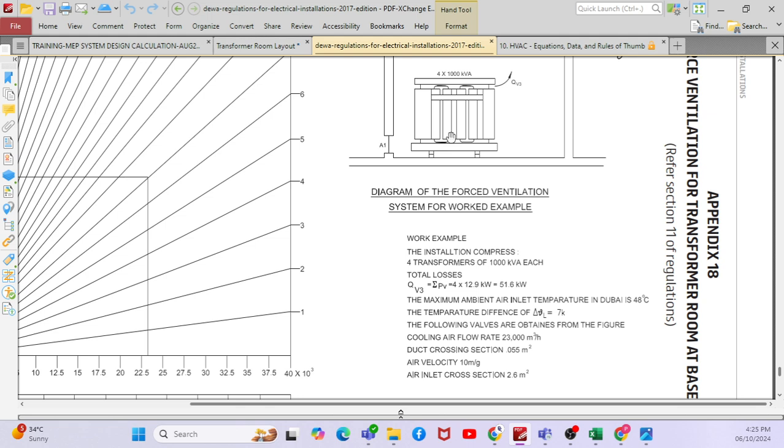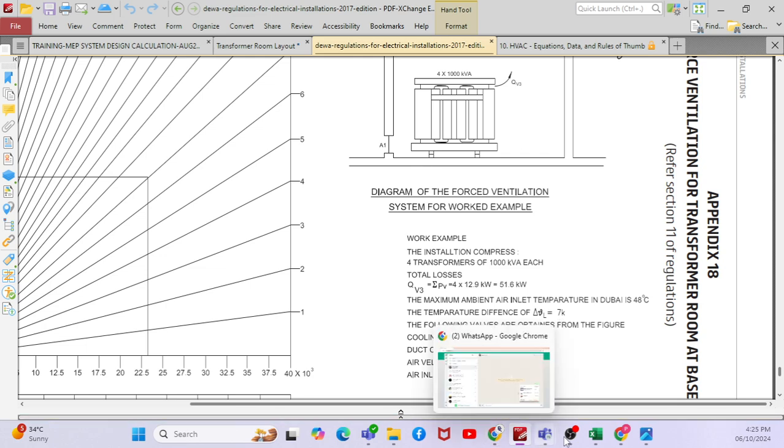The maximum the transformer can work up to is 55 degrees Celsius. More than that, it cannot work. Basically it will have less efficiency, or it may generate more heat, which may cause inefficiency of the transformer. That is why you have to maintain the temperature within delta T equal to 7 degrees Kelvin.